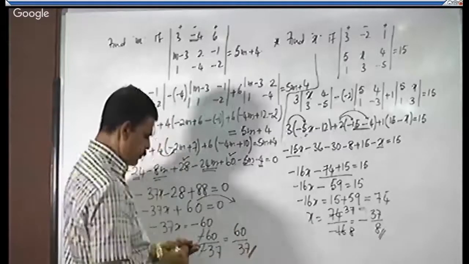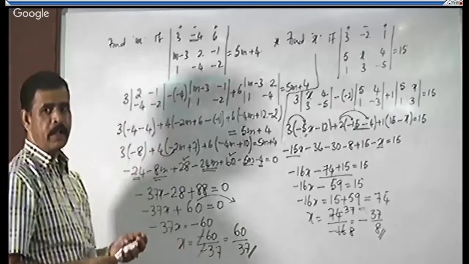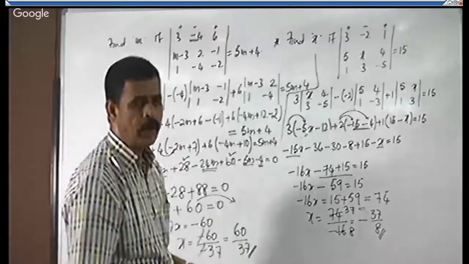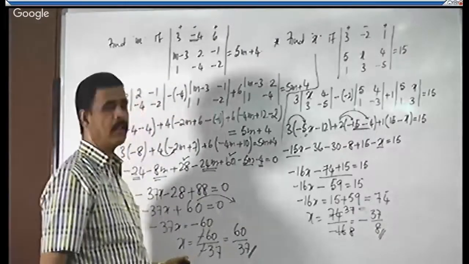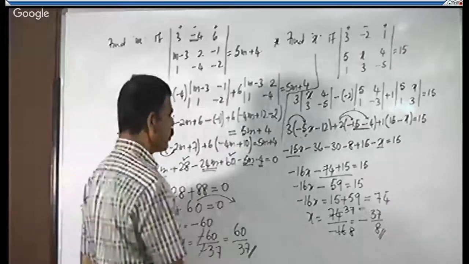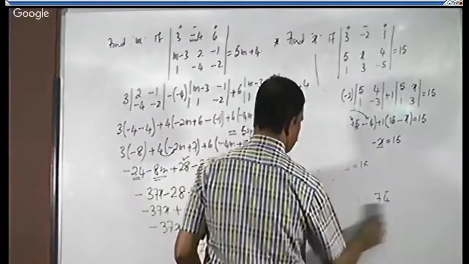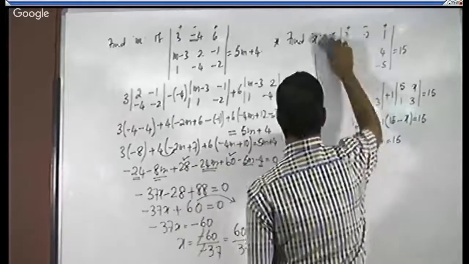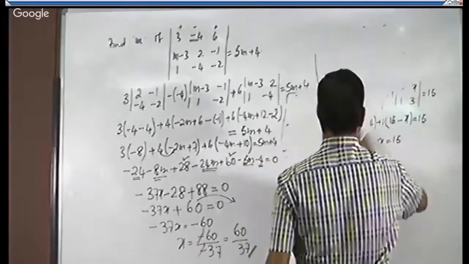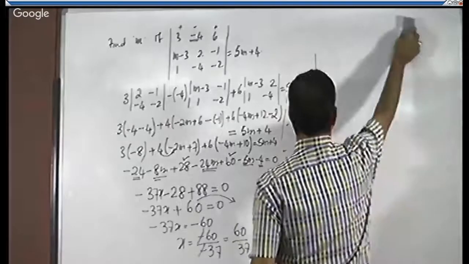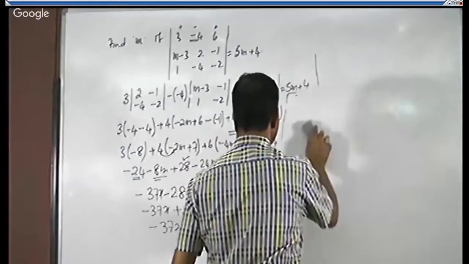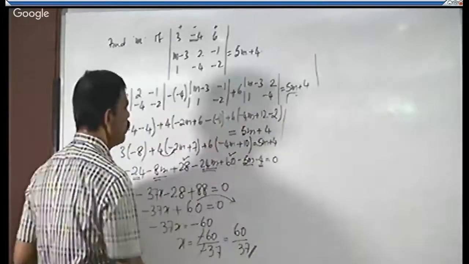So this is finding unknown value in a given determinant, right? This is important. In all the years, definitely one question will be there on the expansion of finding unknown value in a determinant, right?